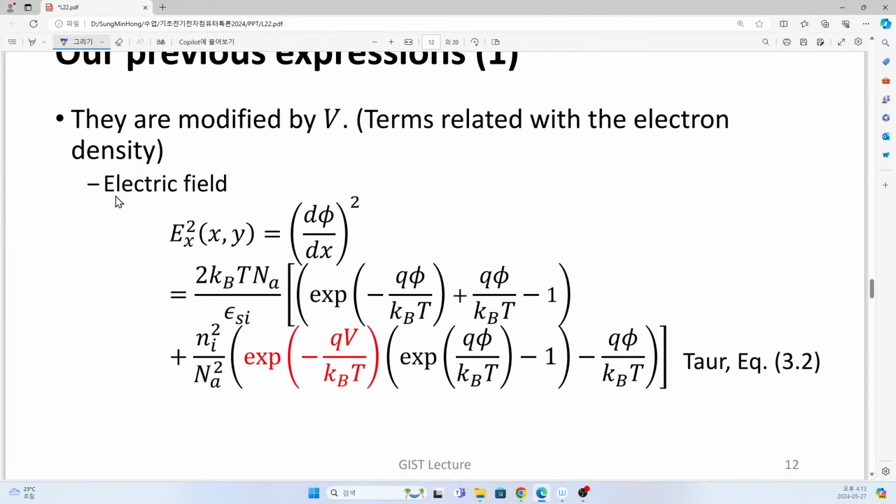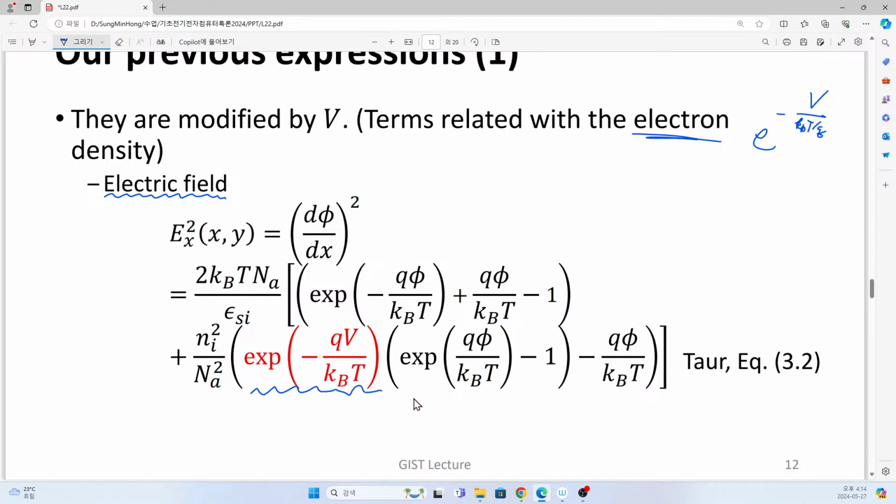So when we write down the expression for electric field, for example, this expression contains the result of hole density, electron density, and doping density. Among various terms, only the terms related to electron density should be modified with exponential of minus quasi-Fermi potential normalized by our thermal voltage. That is shown here.